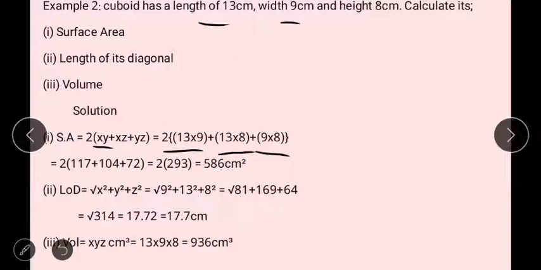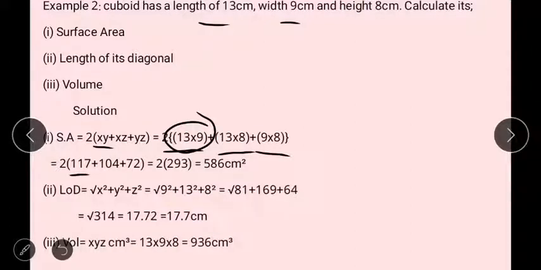Let's solve this. So now 13 times 9 is what on your calculator? Do that now. 13 times 9. You can as well use your pen and paper to calculate. 13 times 9 gives you what? Thank you. 117.